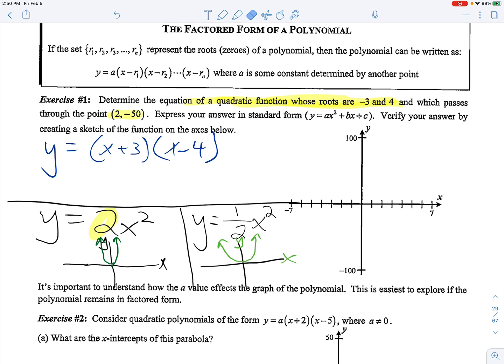So like I said, the leading coefficient here, to figure out what it's going to be for this parabola, this exercise 1, I'm going to work off of the factored form. What we need to do is figure out what that leading coefficient is going to be. So I'm going to call that A.